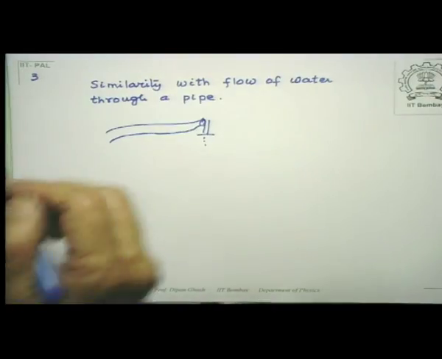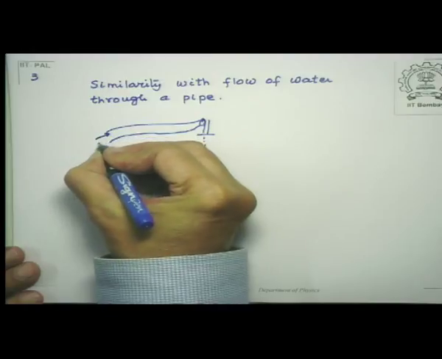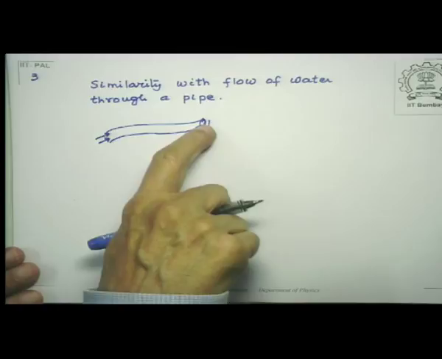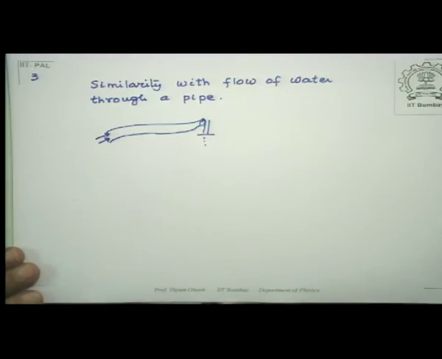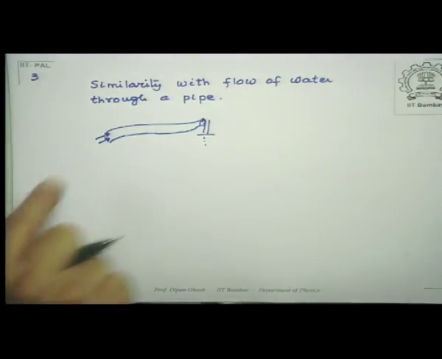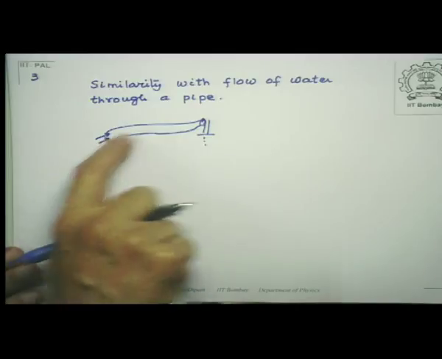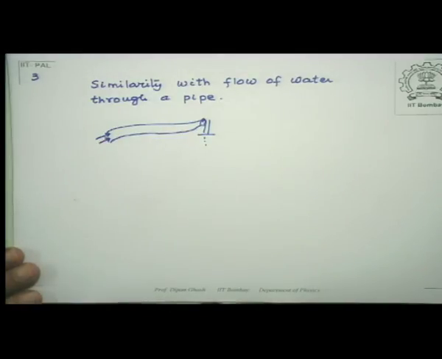Now, actually what is happening is that water is being pushed from one end, but because there is a closed faucet at the other end, it is not able to go and it stopped. And so there is no movement of water physically from here to there, because the pipe is already full of water.